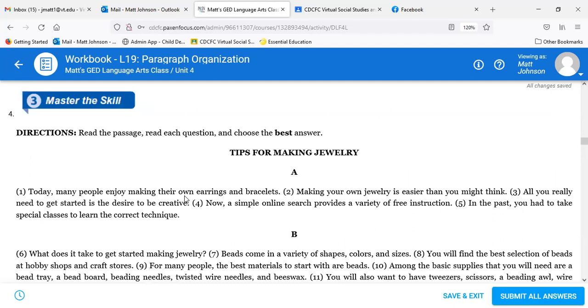So taking a quick look, if we start with sentence 3, all you really need to get started is the desire to be creative. In the past, you had to take special classes to learn the correct technique. Now, a simple online search provides a variety of free instruction.